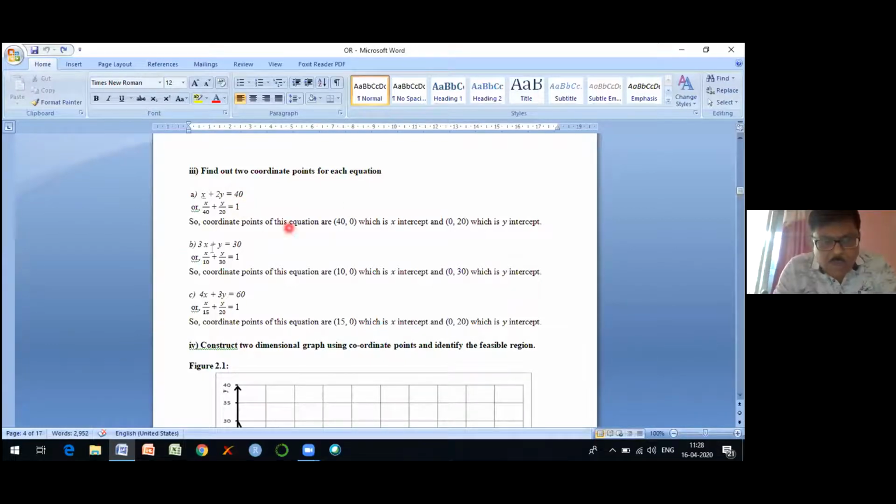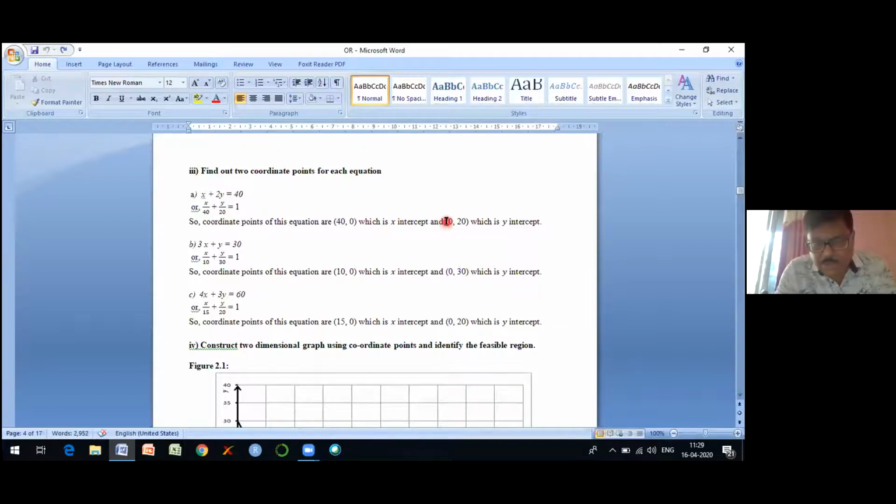Right. So the coordinate points, you just write down the coordinate points in this case. Here the x value is 40, so the y value will be 0. We have first written the x value, then the y value. So 40 is the x value and y value is 0. And here x value is 0, but y value is 20.